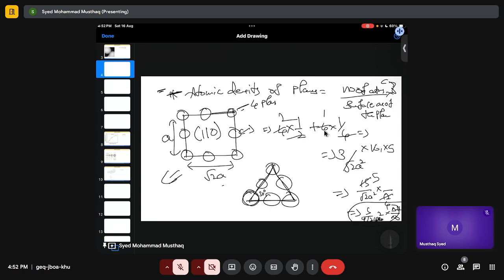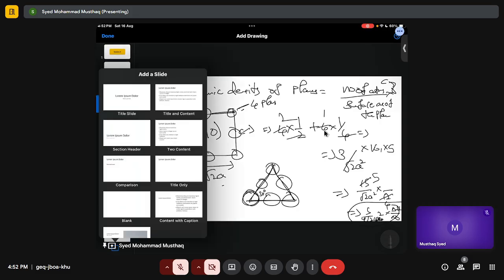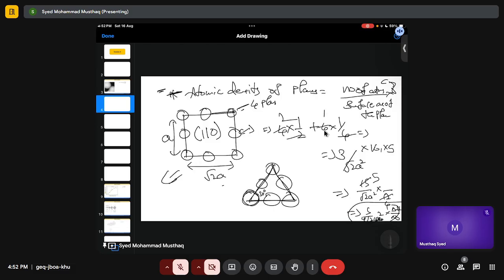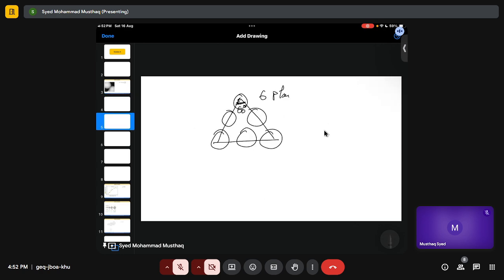Each atom at the corner of the 111 plane is being shared by, so let me draw it again. Yeah. So each atom at the corner of the 111 plane is shared by 6 planes. Why? Because it is an equilateral triangle. So the angle here is 60. I said before 30, right? It's not 30, it is 60.